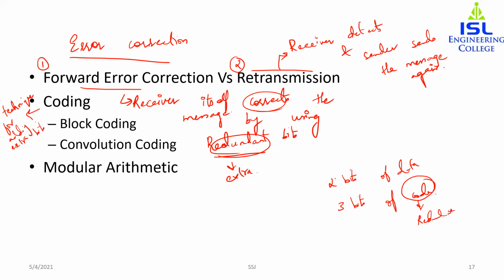It is important to understand that I am talking about the extra bits being added to the code. So the ratio of redundant bits to the data bits and the robustness of the process are very important in the coding scheme. Coding is of two types. One is block coding and the other is convolution coding. In our syllabus, we will be studying in detail about block coding. Convolution coding is actually more complex.